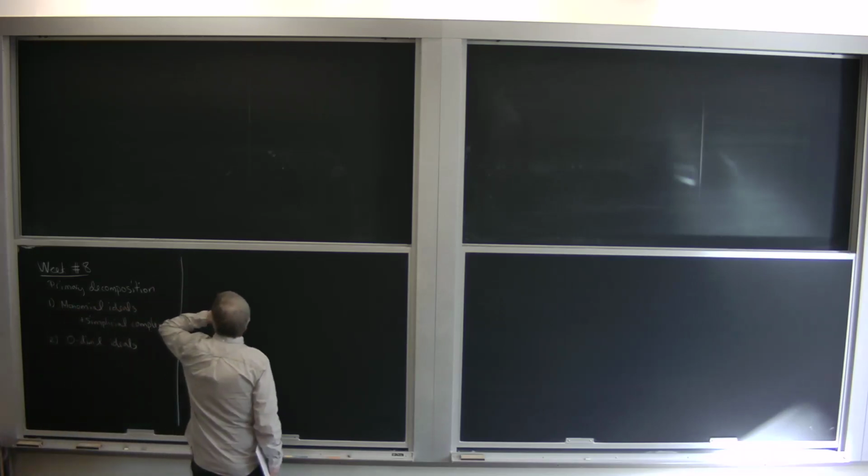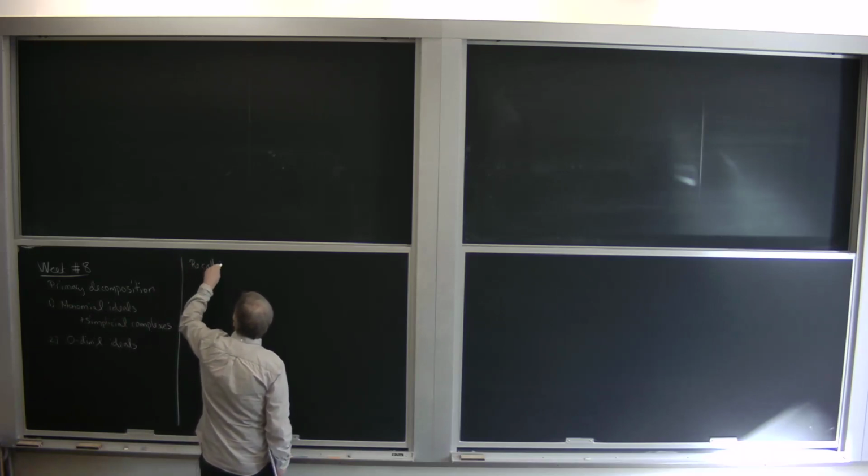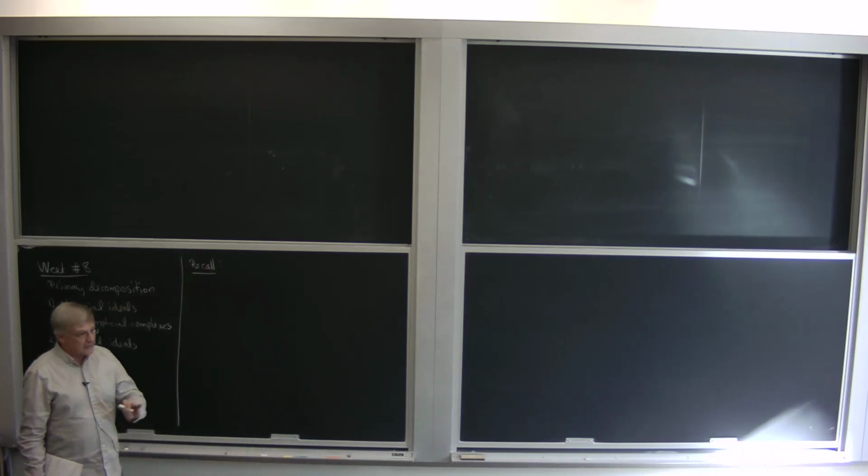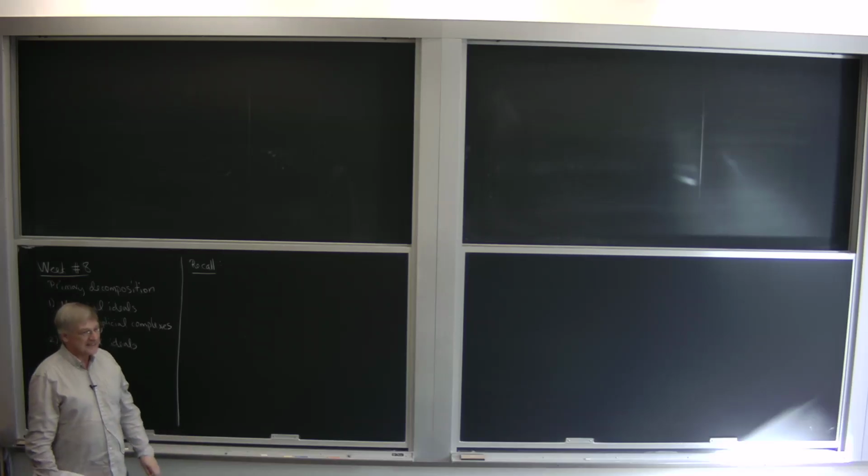Okay, so now let's just recall from last time. I'm not going to recall what a prime ideal is, or a primary ideal. Now I'm assuming that you really know those things.